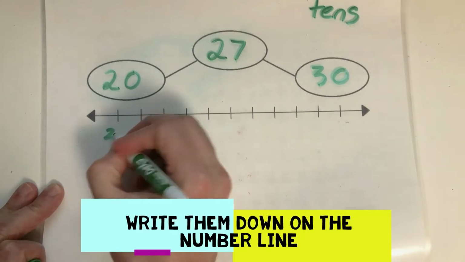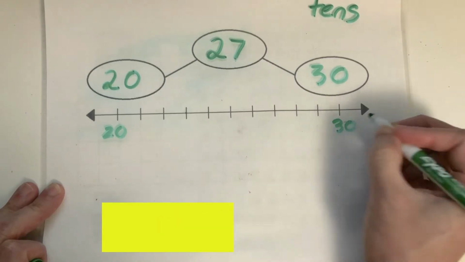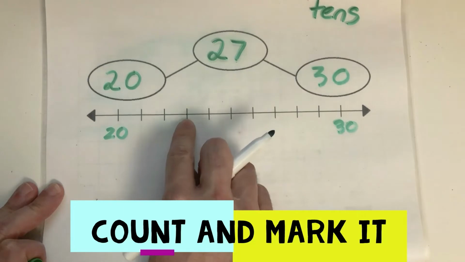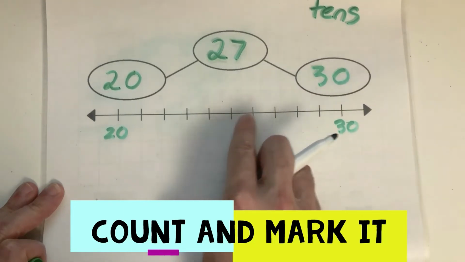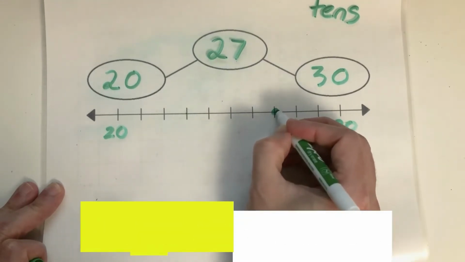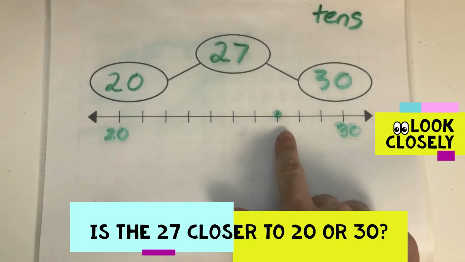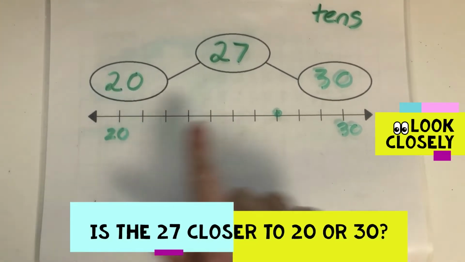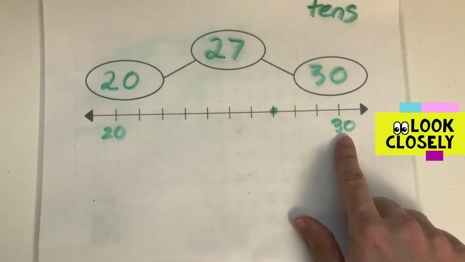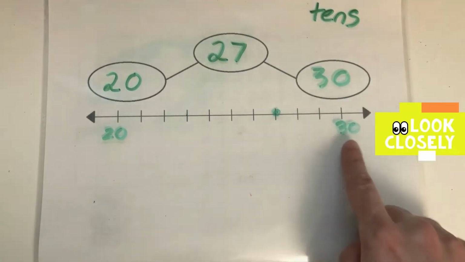Put them on the number line, 20, 30, and now we count. So 21, 22, 23, 24, 25, 26, 27. Again, we look closely. Is the 27 closer to 20 or to 30? It's closer to 30. So when we round 27 to the nearest tens, it rounds up to 30.